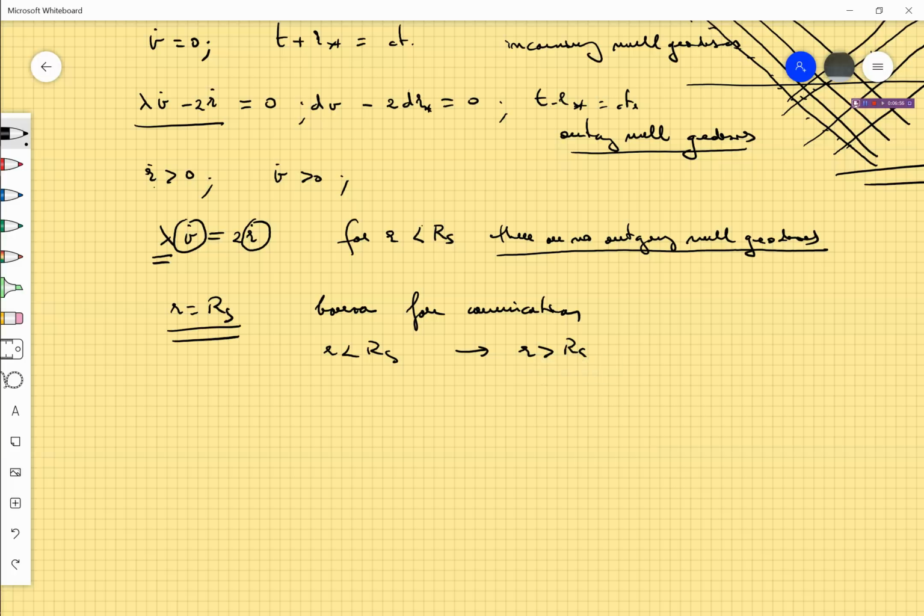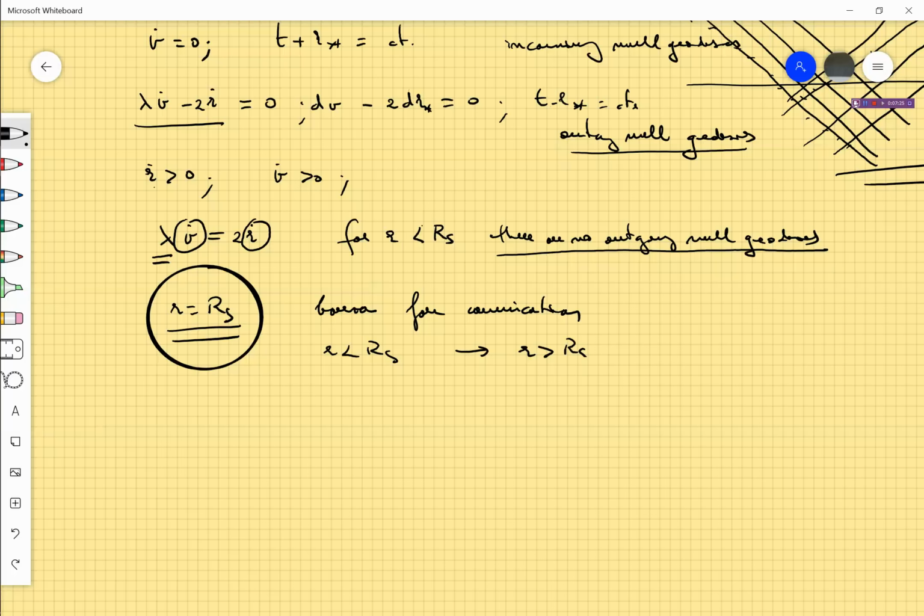When this happens, you have to take seriously all the phenomena that take place in this region, because now this region is accessible. There is no planet in the middle. We are going to study much more about this in the next lecture. For the moment we will just leave it here.